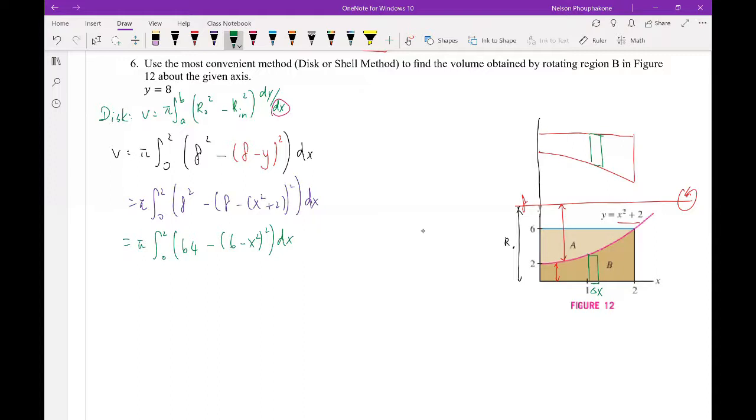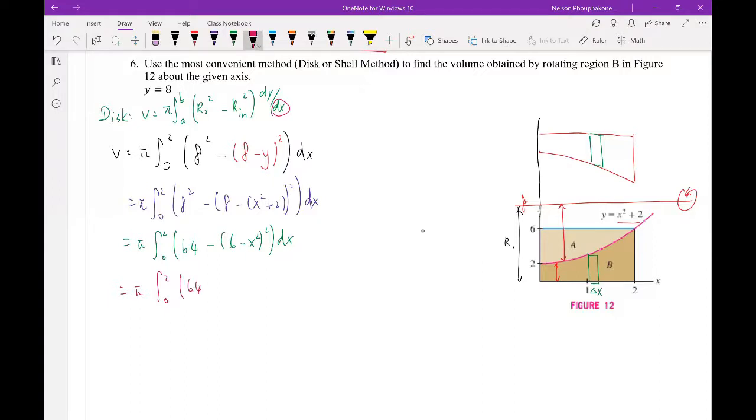Okay, so then this is actually what we have. Oh, it seems that it is easier to do. So then I have pi, then I have the integral from 0 to 2. Oh, wow, my bad.